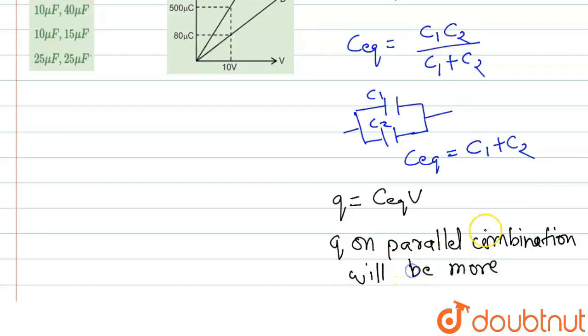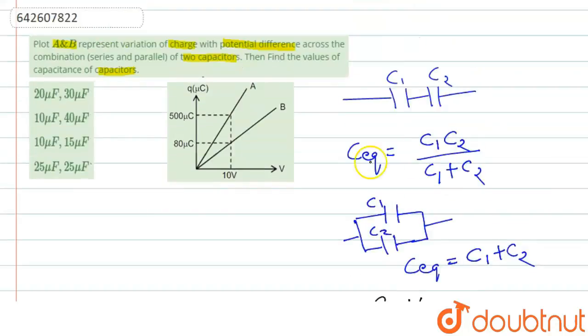So if we see the graph, we can see that A has more charge at 10 volt. So A is for parallel and B is for series combination.